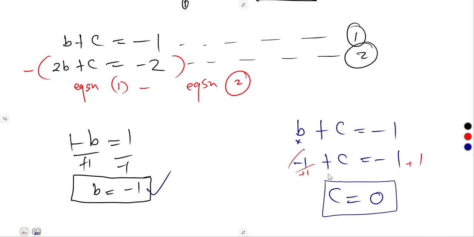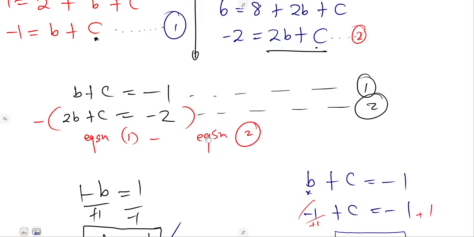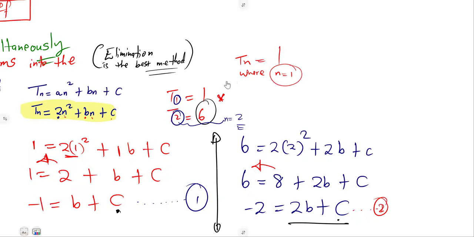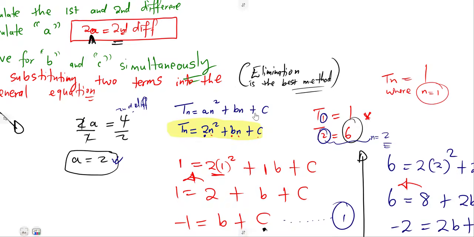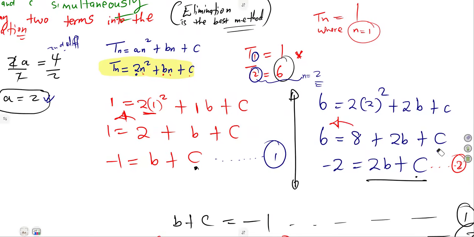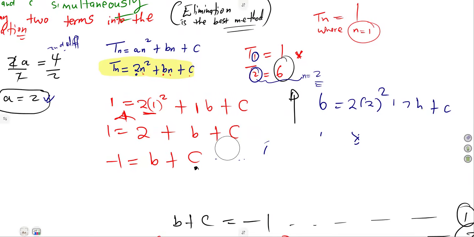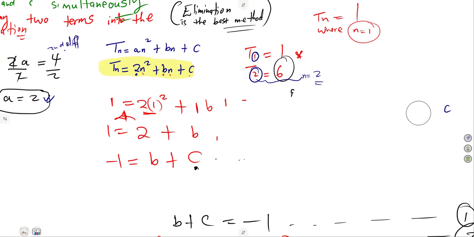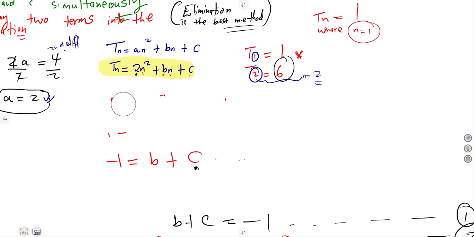No problem. So we have got a, we've got b, we've got c. Now we're just going to substitute back into our general term. Just for the sake of space, guys, let me just erase this part. So you must go through these, guys. This one, it is in your hands. As you can see, it's quite easy.